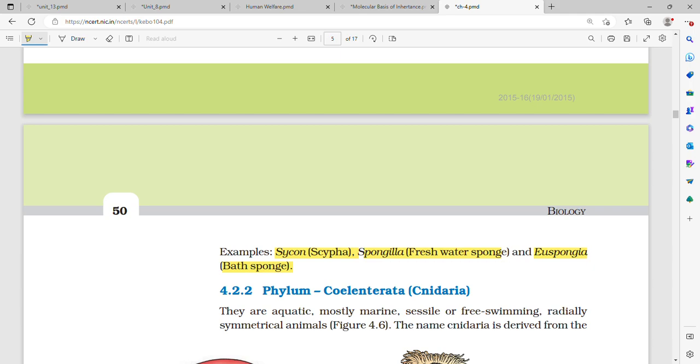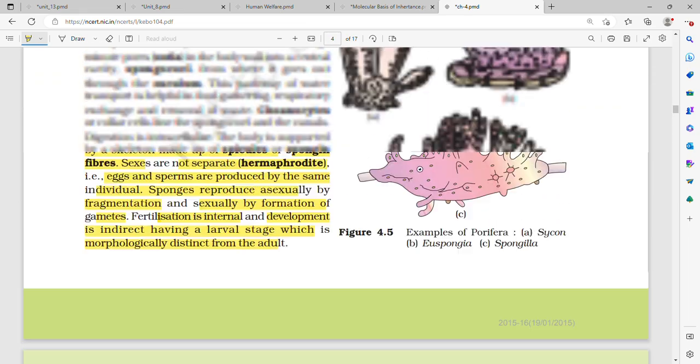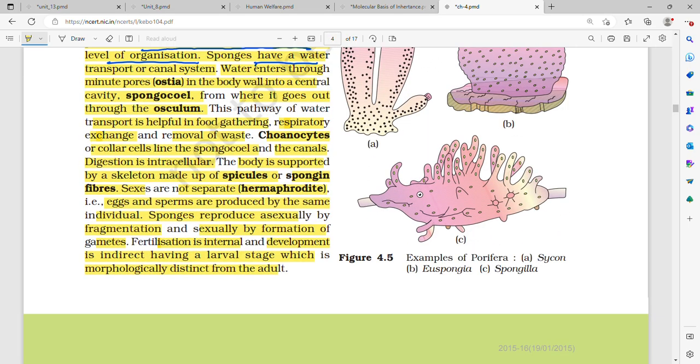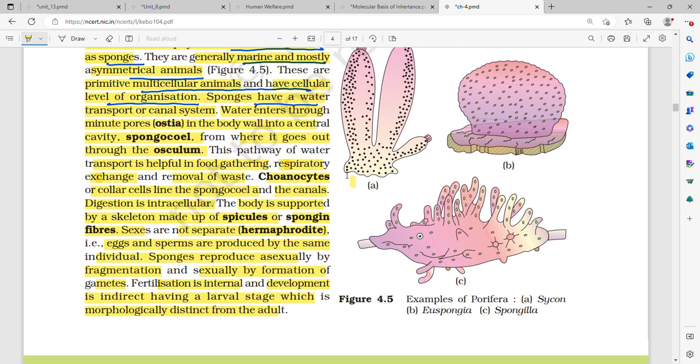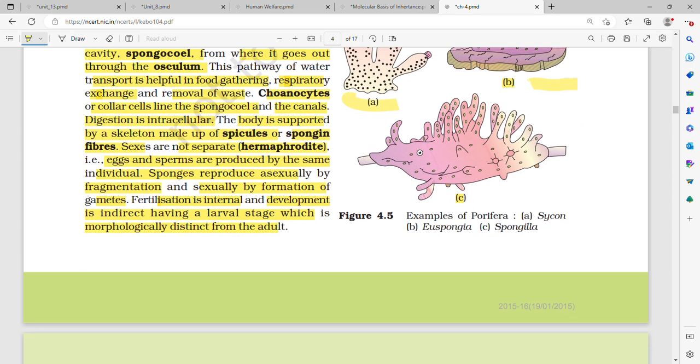So this is Sycon, also called Scypha. This is Euspongia, bath sponge. This is Spongilla, freshwater sponge.